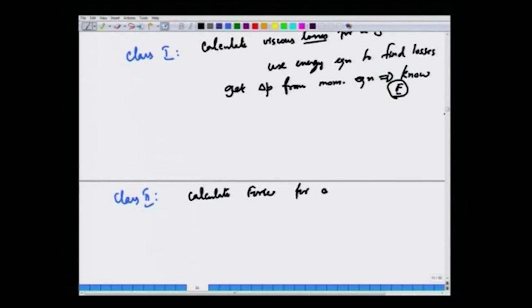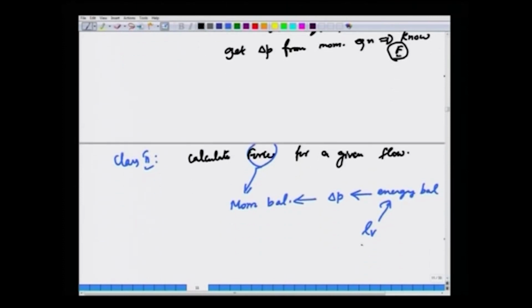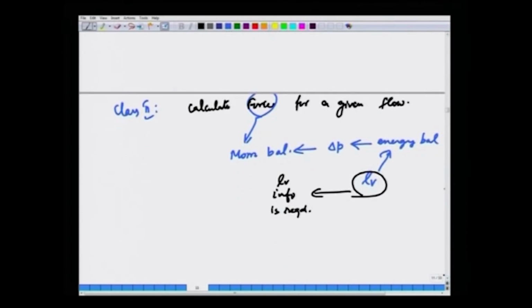If you want to do that, the force must be calculated from the momentum balance. In order to do that you need delta P. In order to get delta P you have to go to the energy balance, and for that you need to know the viscous losses. This information is required in order to compute force in class 2 problems.